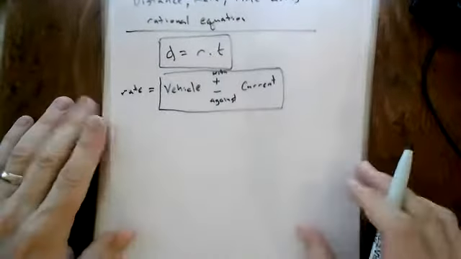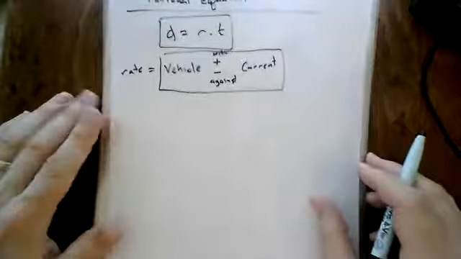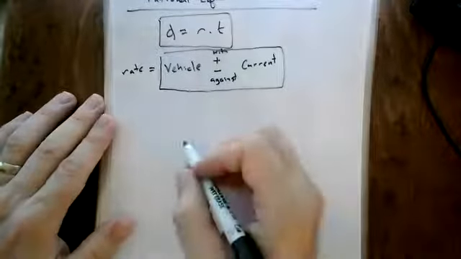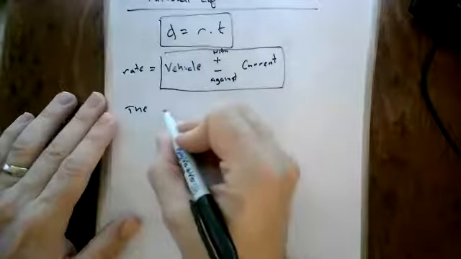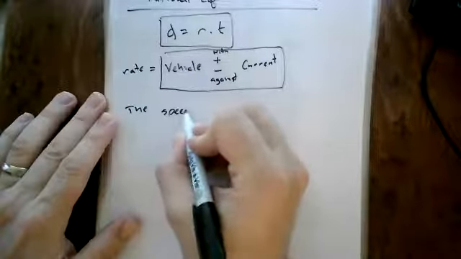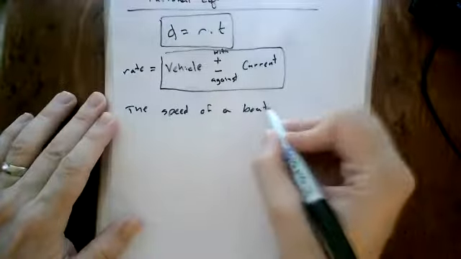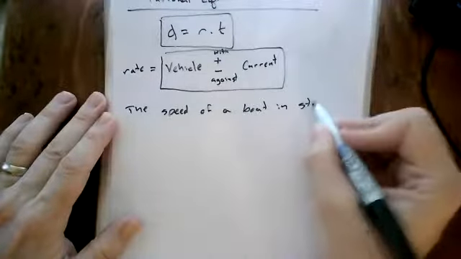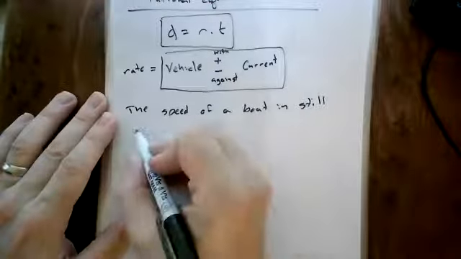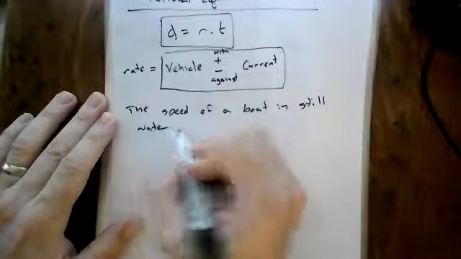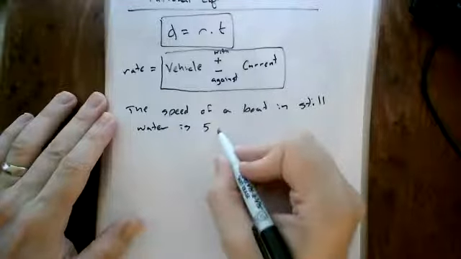So let's take a look at what the setups on these are going to do. So for example, the speed of a boat in still water is 5 miles per hour.